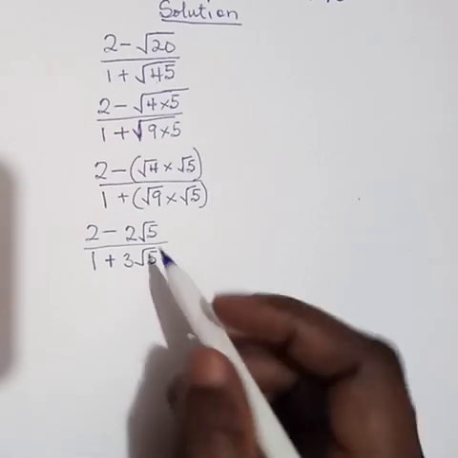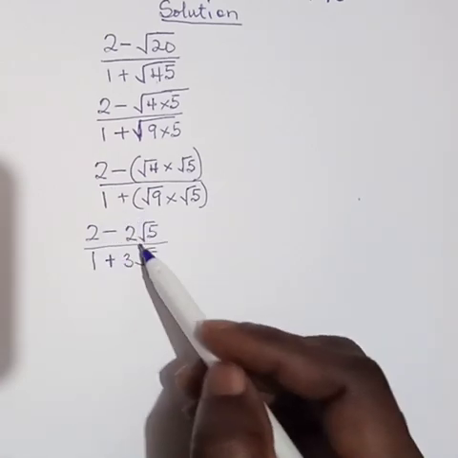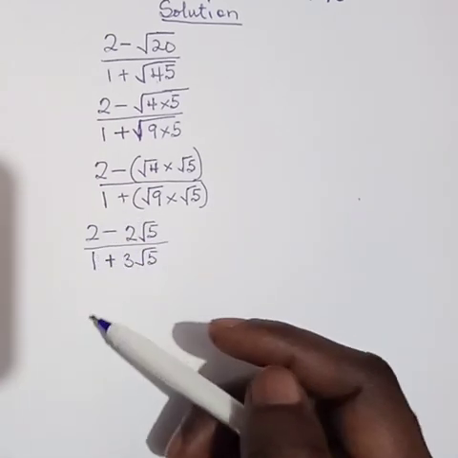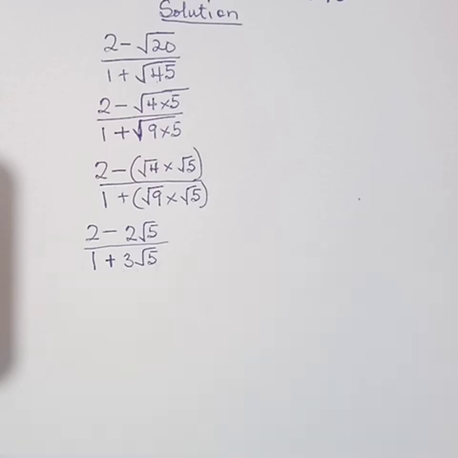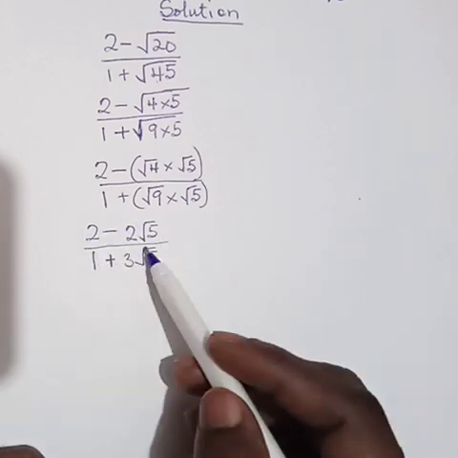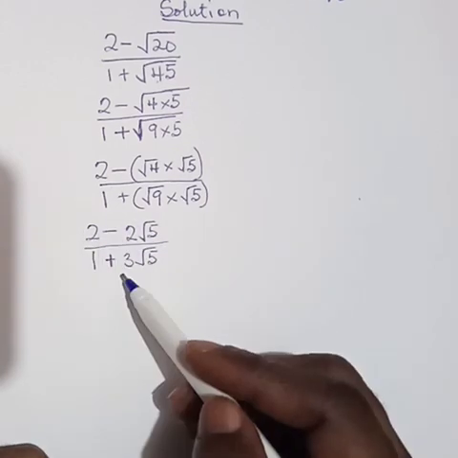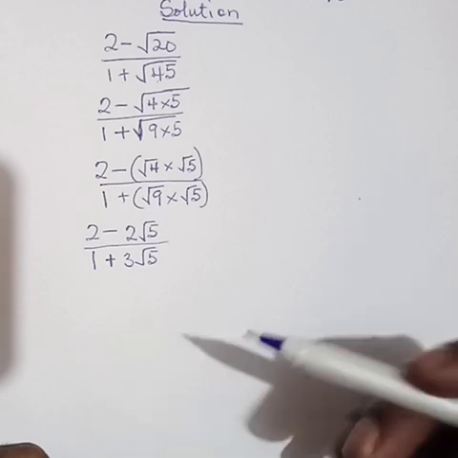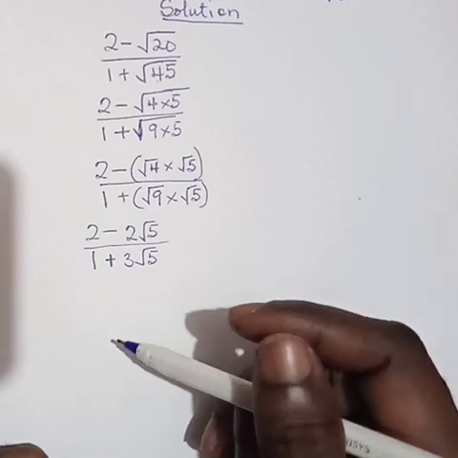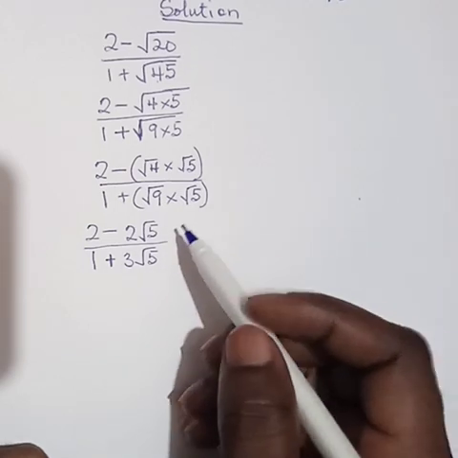Okay, good. Once I've been able to reach this part, the rest of the answers become easy. Once I have this, I cannot break it again, so I can go ahead and do the rationalization. But how do I do rationalization?